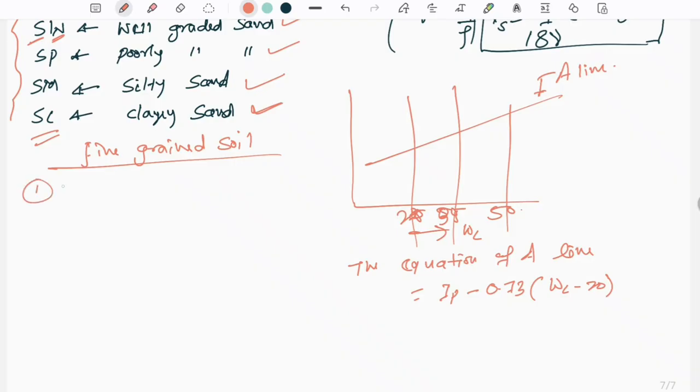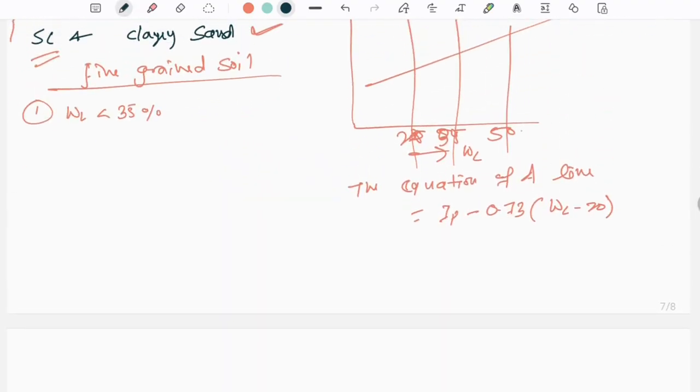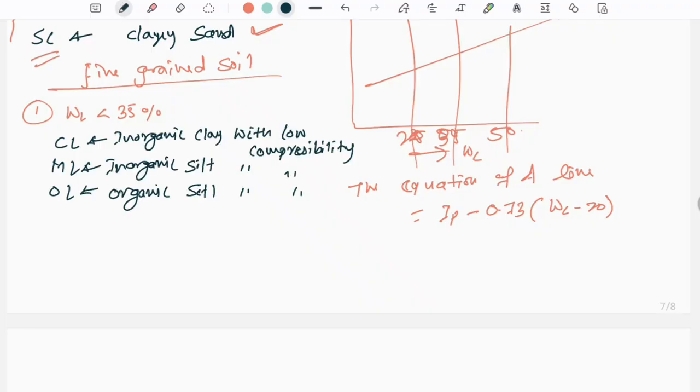So fine grained soil is classified based on this liquid limit. So it is 3 categories. When the liquid limit, that is WL, is less than 35%, in that case three symbols are used, that is CL, ML, OL. CL is the inorganic clay with low compressibility.